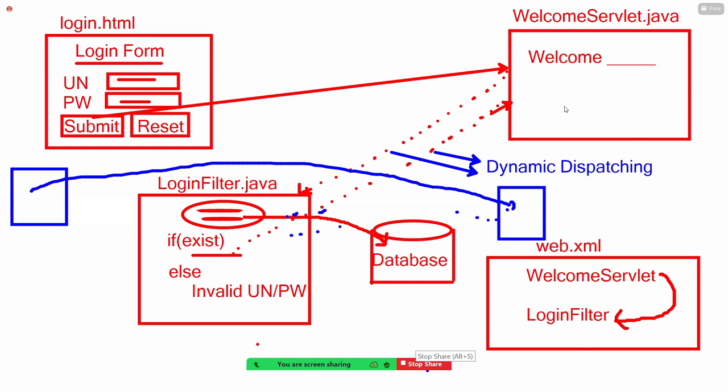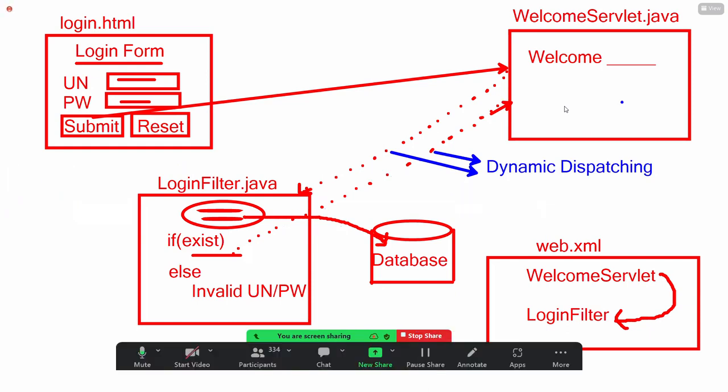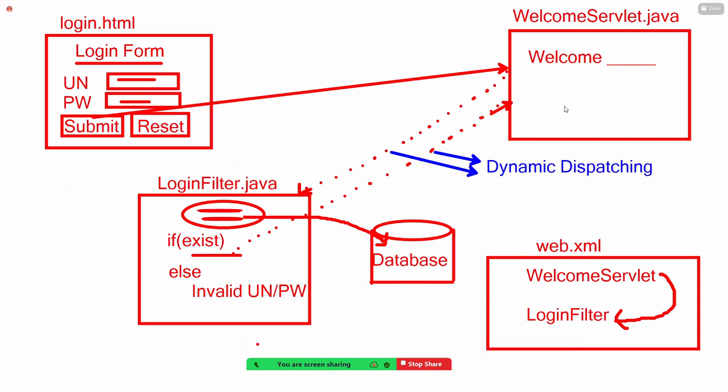Now this filter is not specific to this servlet. This filter can be applied to other servlets also. So actually this is a request, this is a response, and in between the filter is inserted.